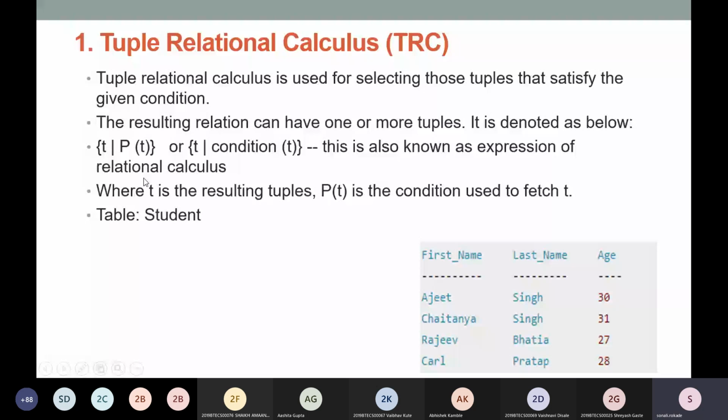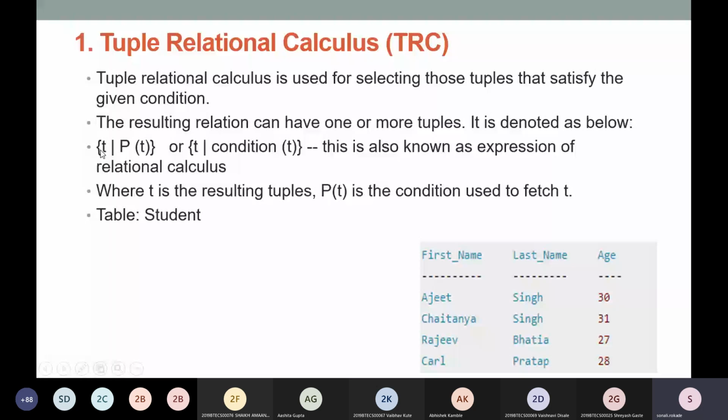You have seen this kind of statement structure in mathematics also, so the same structure we are using here. Here is the set of tuples, and here is the part of that tuple set. So we can say that P of T is a subset of T. Why?